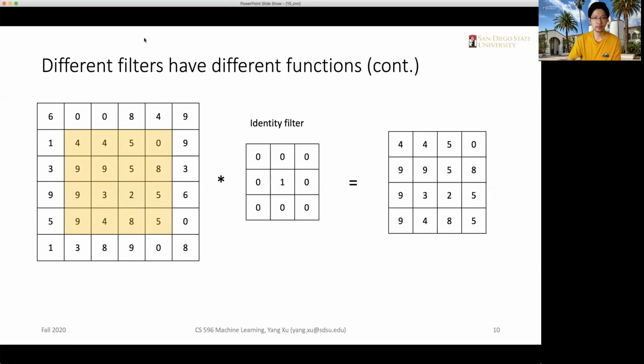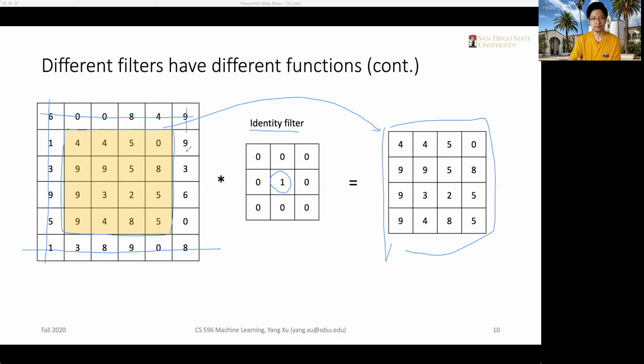Of course we can use different preset values. For instance, this one is called the identity filter. There's only a 1 in the middle and all zeros. It basically copies the region in the original image directly to the output. It doesn't change anything. It only cuts those outermost framing pixels.